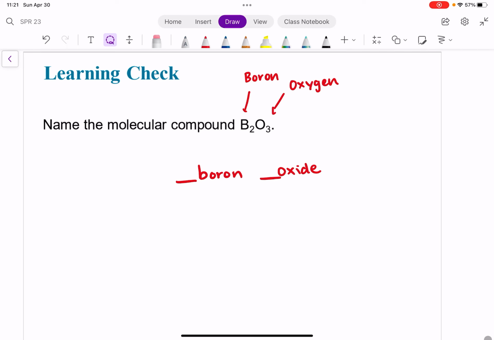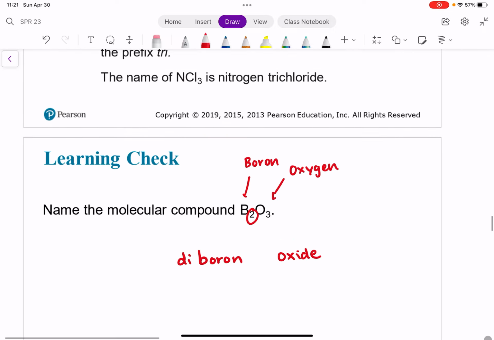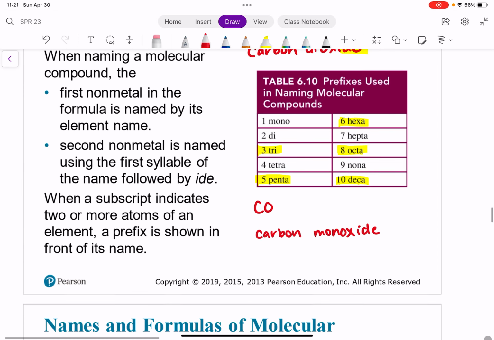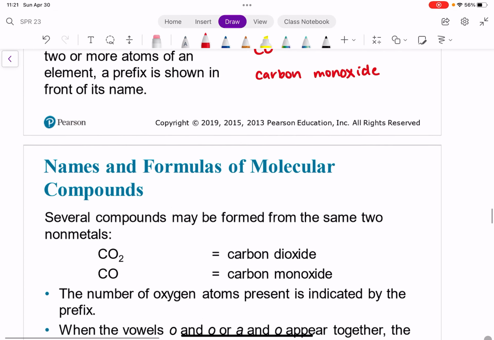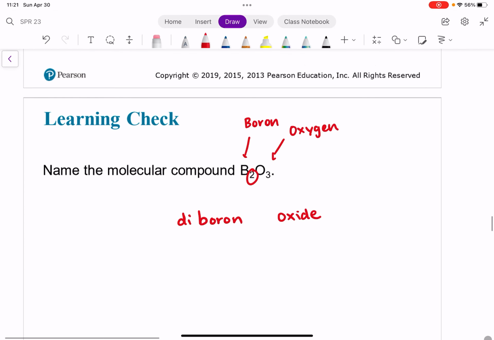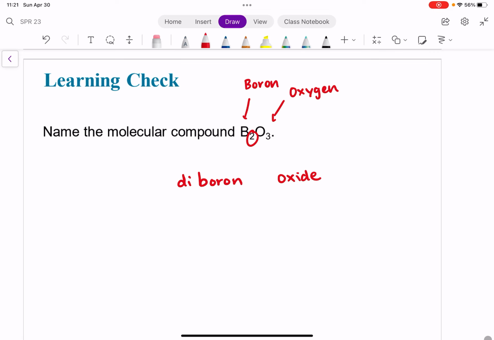So what prefix do we have for boron? Yeah, di. Why? Because we have 2 here. 2 on our prefix list is di. Okay, what about oxide? Oxygen. How many oxygens do we have? 3. Yeah, so what goes here? Trioxide.